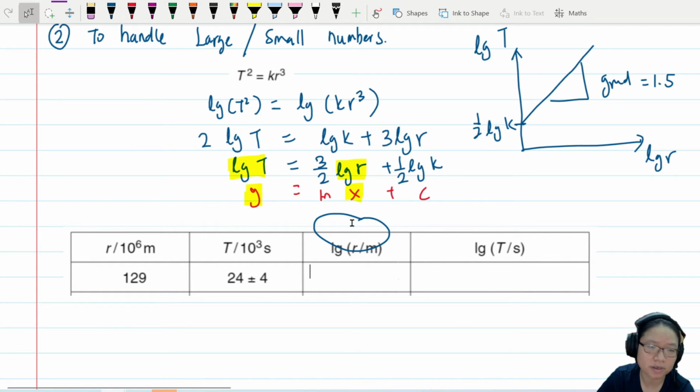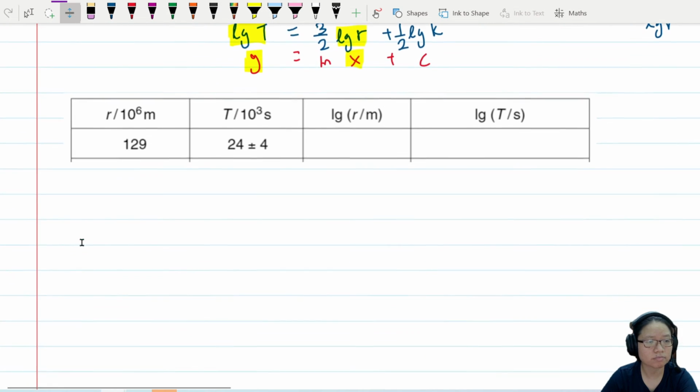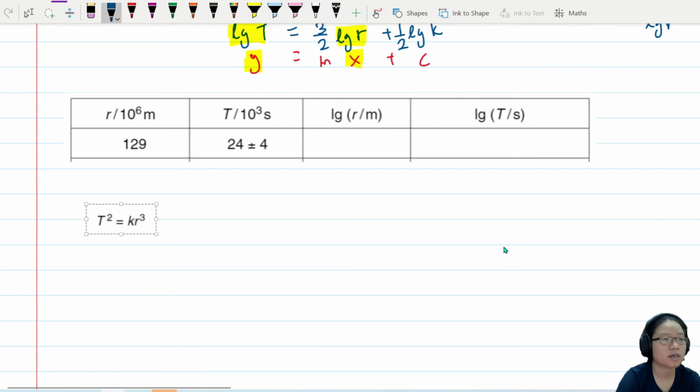Let's say, for example, you don't log the graph and you want to find, let's say, t squared, which is still okay, 10 to the power of 3. So if I look at this equation, let me copy this down. Ta-da!